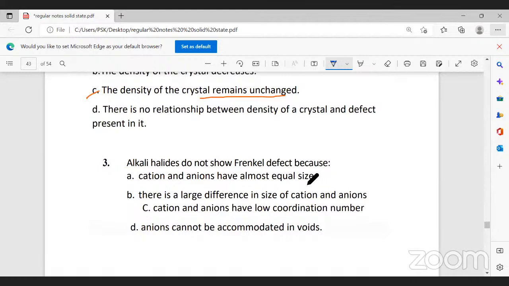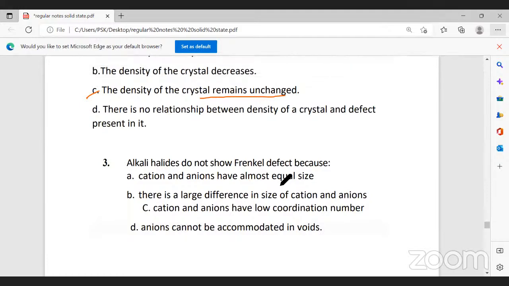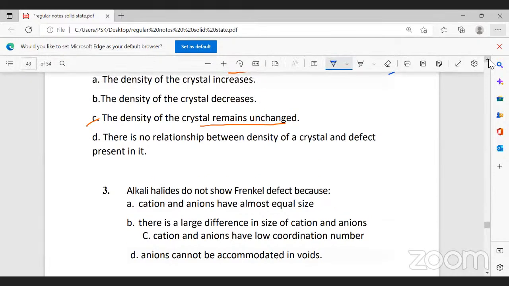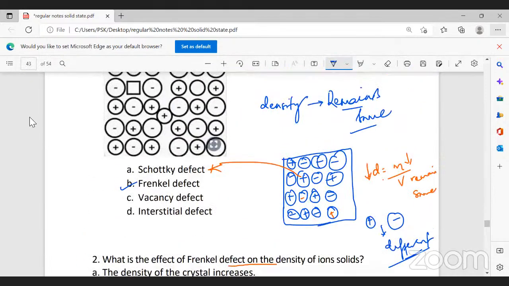We have given many examples of crystals undergoing Frenkel defect as well as Schottky defect. Can you give me one or two examples for each? In case of Frenkel defect, the examples are zinc sulfide, silver chloride, silver bromide.